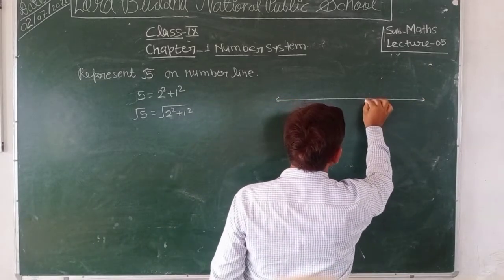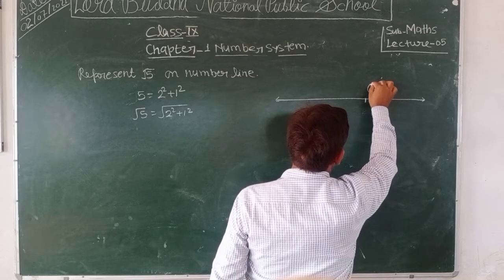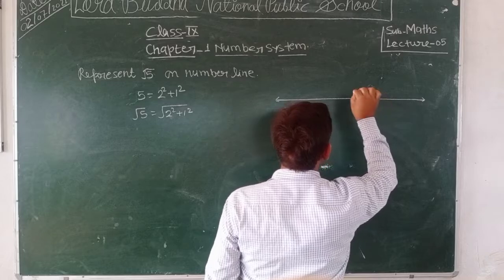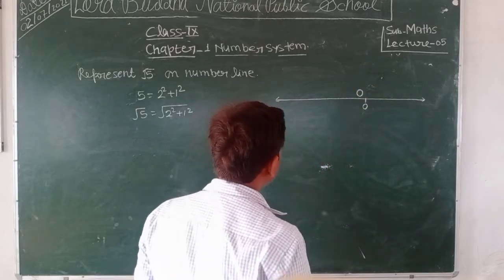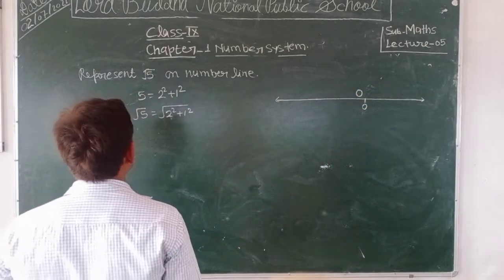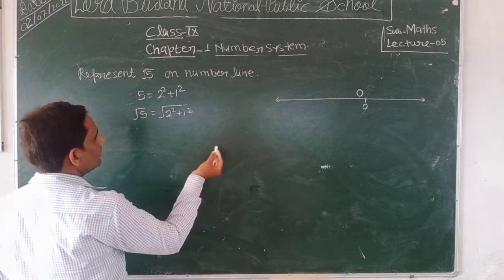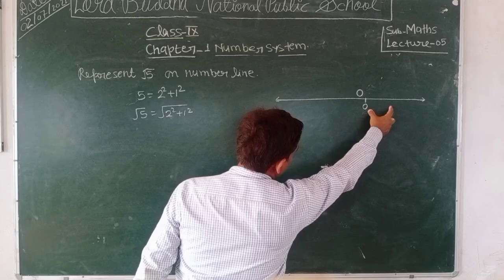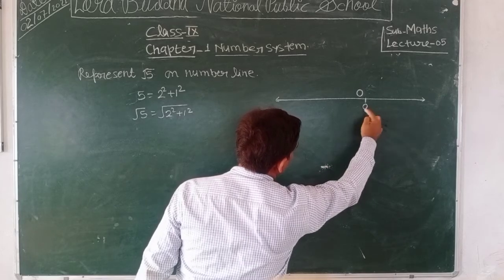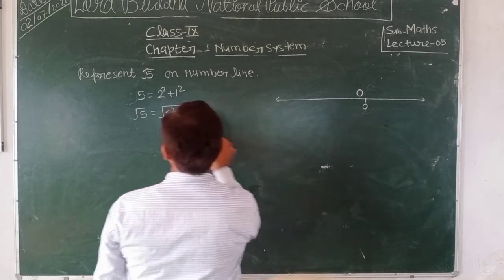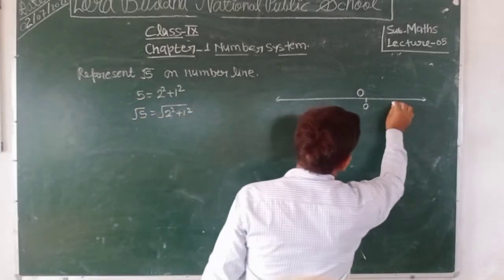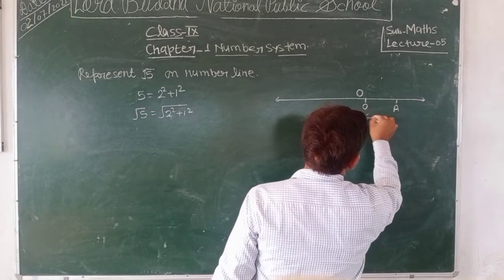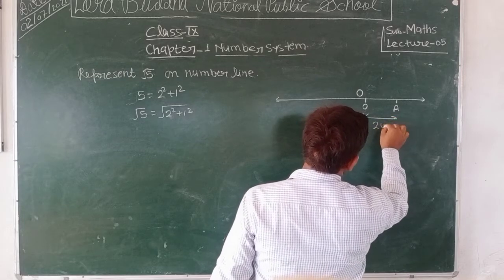Take a point O which represents 0 on the number line. After that, we take a point on the number line whose distance from point O is 2 units. Suppose this is point A, which is 2 units.